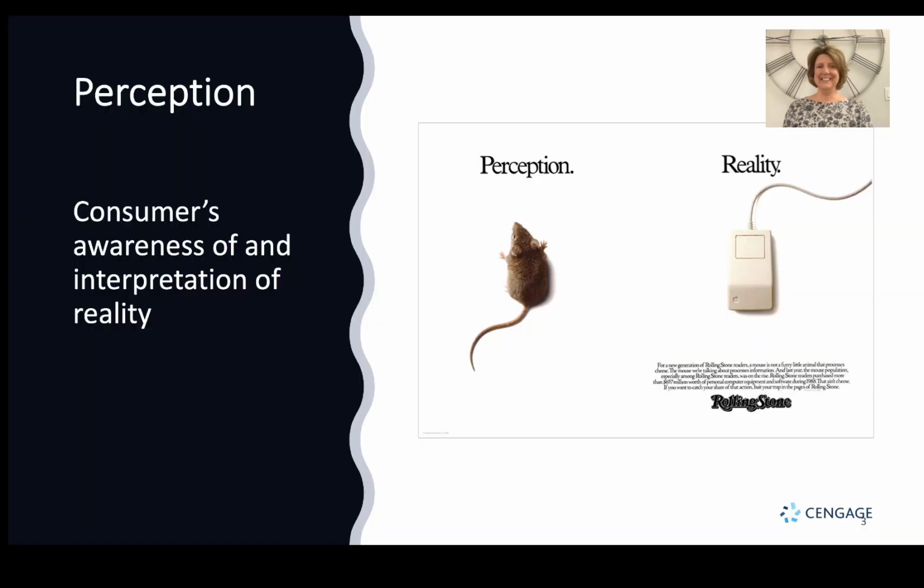So let's take a look at what we have going on today. The definition of perception is really an awareness of an interpretation between reality and what we think something is. So in the case of a product, for example, I have the promotion here of the mouse.